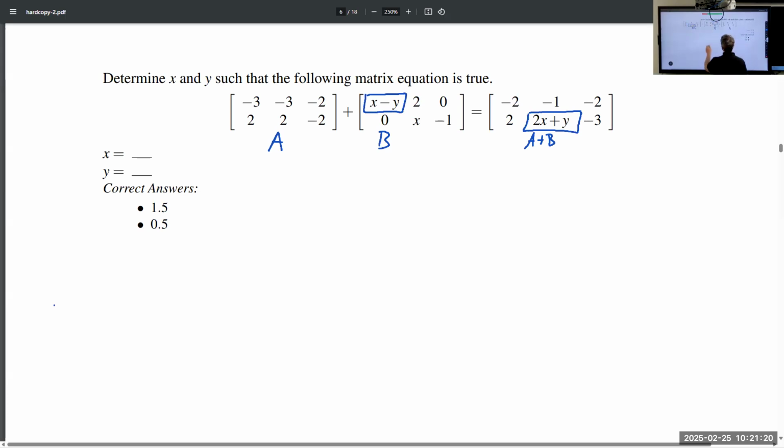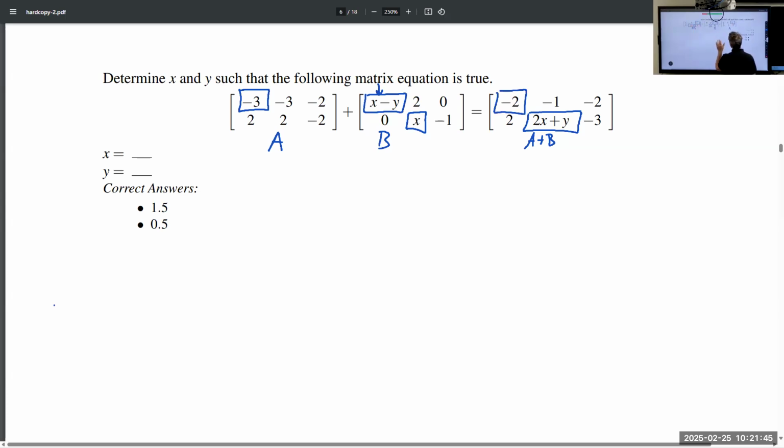Oh, we also have an X here too. So they're adding two matrices. What would cause this to be true? Well, let's see. So for this x minus y up top, that's going to be added to that -3, and it equals -2.